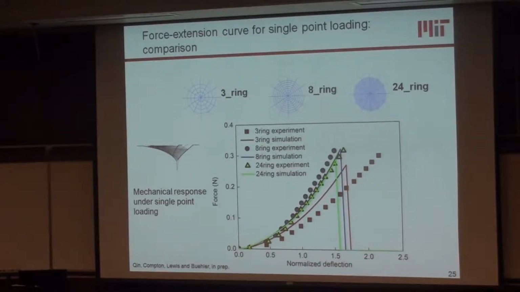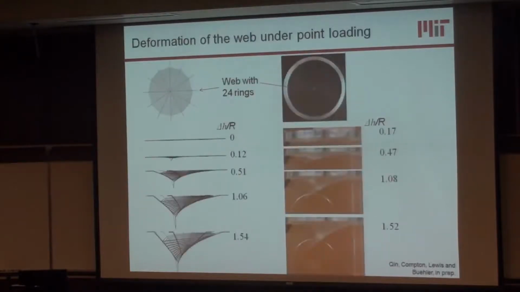For this three-ring experiment it's not a good agreement, maybe because there's some inhomogeneity once it gets printed out. Yeah, this web was the first to print. We need to go back and maybe do some improvement. And here shows some comparison between the experiments for those point loadings and the simulation results.